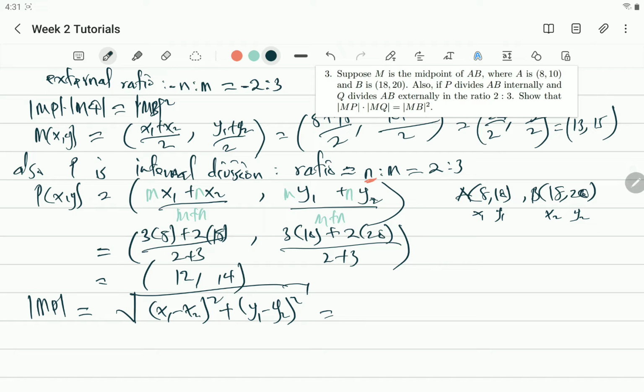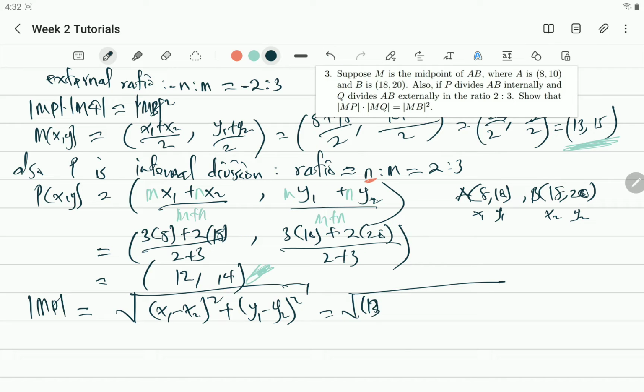So we just do the substitution. Let M be the x1, x2, and P be there. M is what we have here, and P is just what we found. So we just do the difference between M and P. So we have 13. Let me use the black pen.